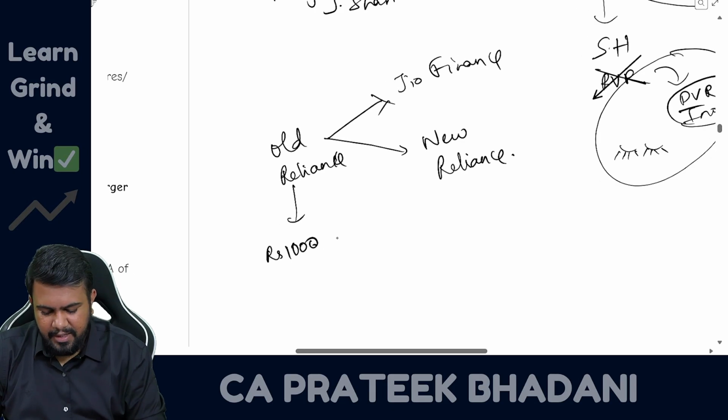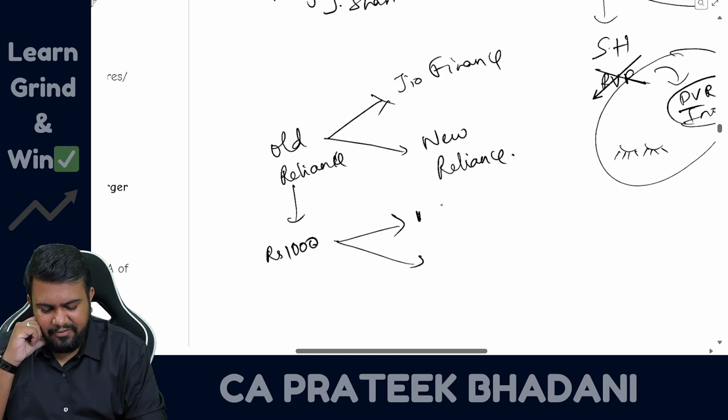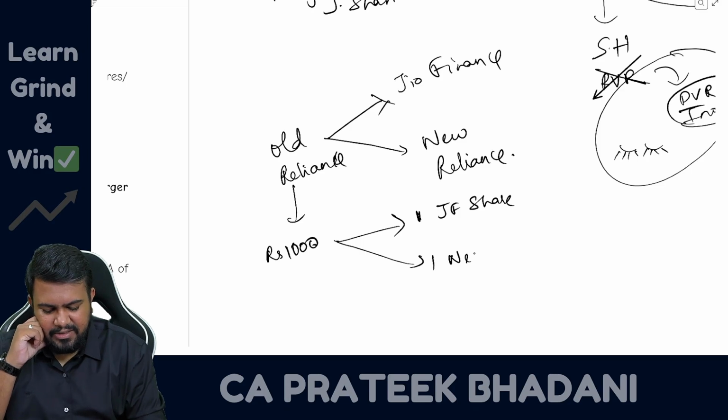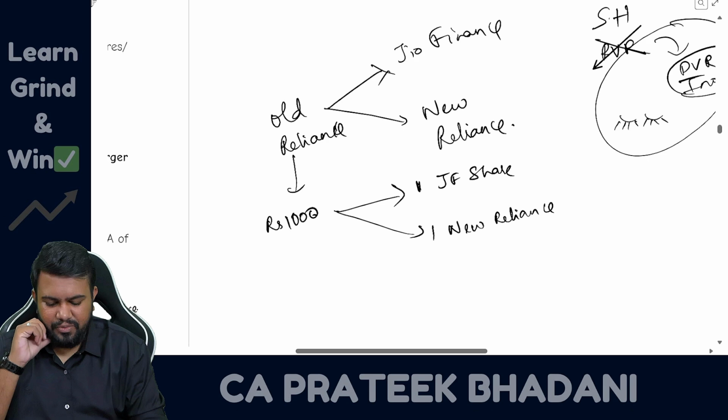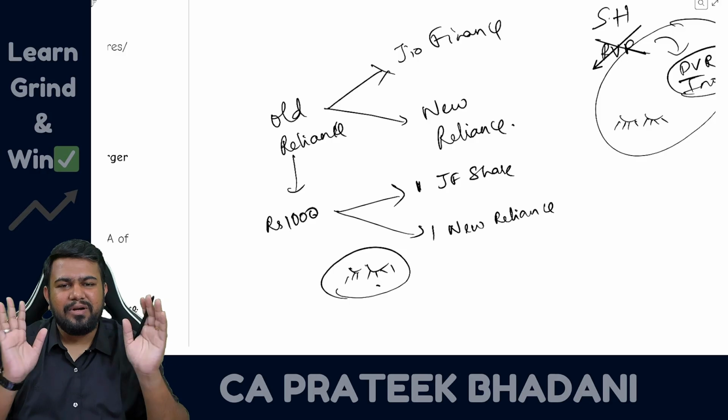But now he has got two different shares. Now he is having one Jio Finance share and one New Reliance share. And I already told you that when this transaction was happening, the Income Tax Act will close its eyes. So it will assume that no transaction has happened.